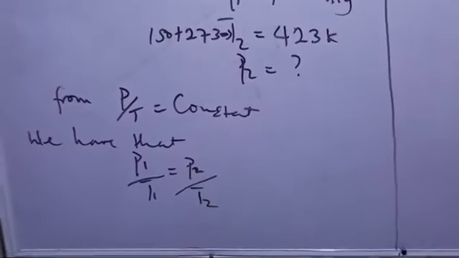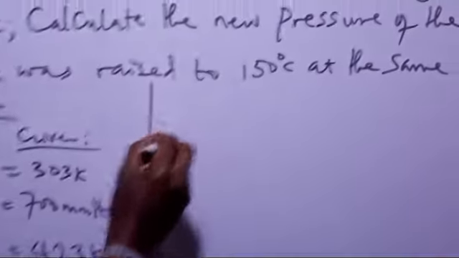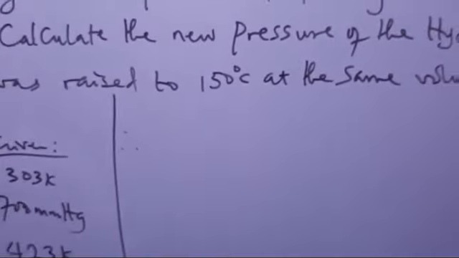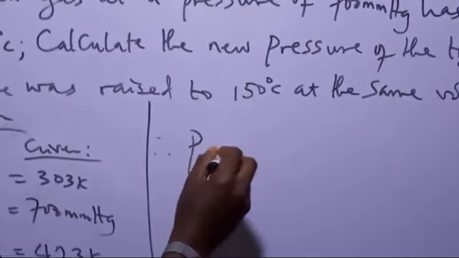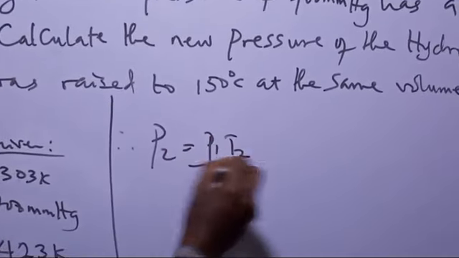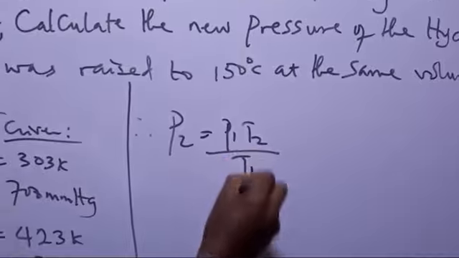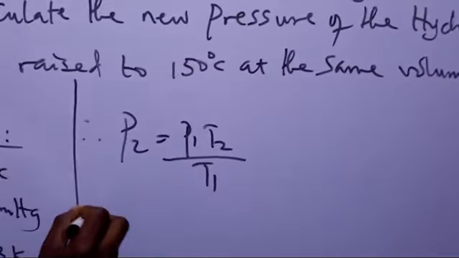It's just the same thing we did in the previous problem I solved on Gay-Lussac's law. Therefore, since we are looking for P2, make P2 the subject of the formula. It's just the same thing, as simple as that. P2 equals P1 T2 over T1, just like the previous problem.